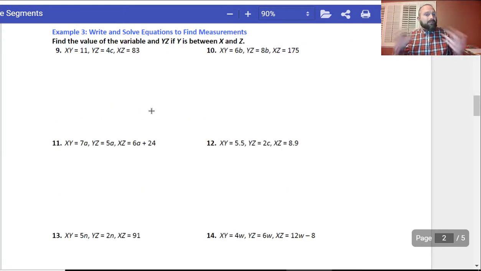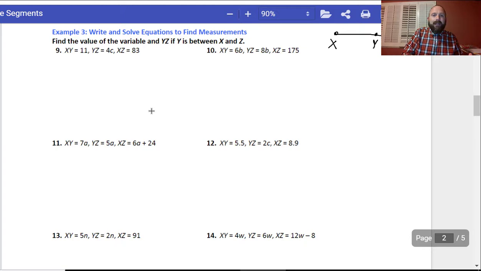The whole point of this is, find the value of the variable and YZ if Y is between X and Z. So every single one of these should look like X, Z, Y. I don't care where they are, but these are the points X, Y, and Z. Maybe Y is closer to X, maybe Y is closer to Z. It doesn't matter. But what we have to do is draw it out. Draw a diagram and then solve it.